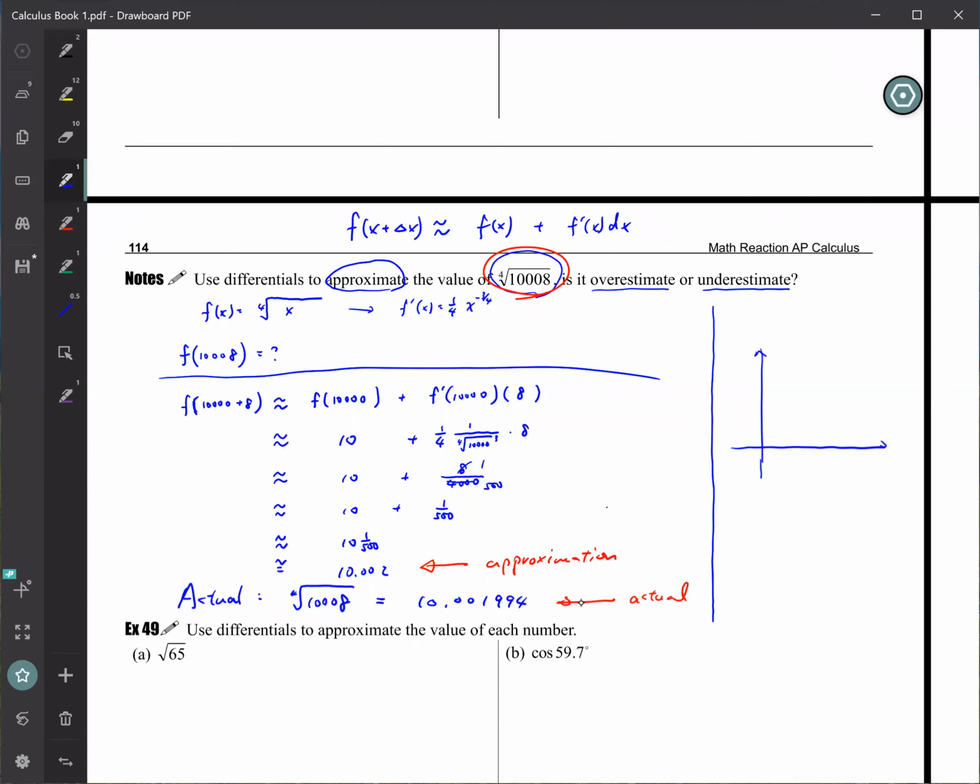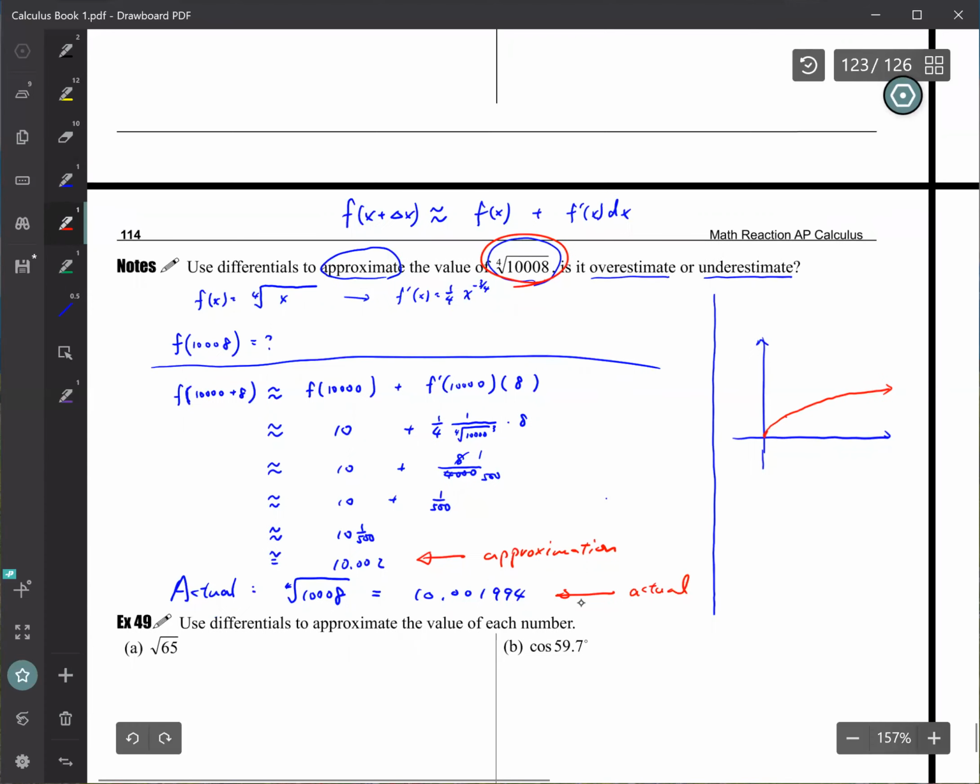The fourth root, if you don't know the graph, you can do table of values, right? You can plug in 0, you get 0, right? And then you plug in 1 will be 1, right? And then slowly gets higher, kind of looks like a square root function. And the location that you place the tangent, where do you place the tangent? What value?